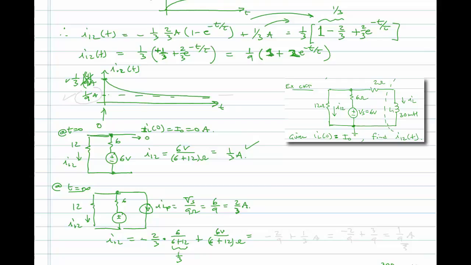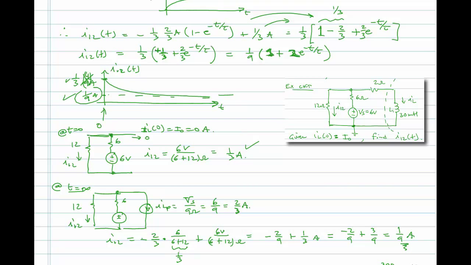Okay, so this will be minus 2/9, plus this will be 1/3, which will be minus 2/9 plus 3/9, and that will be 1/9 of an amp. And that's what we have right here.